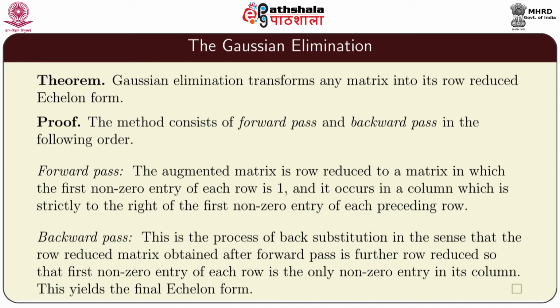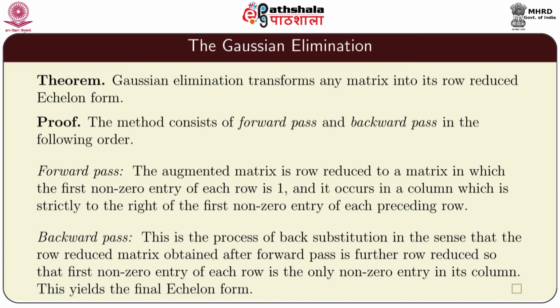So, the theorem says Gaussian elimination transforms any matrix into its row reduced echelon form. So, we will discuss Gaussian elimination in the proof itself. The method consists of forward pass and backward pass in the following order. So, I am going to describe this forward pass and backward pass in a moment.